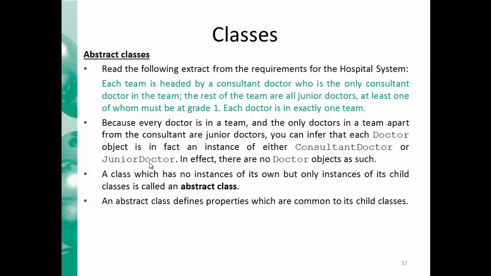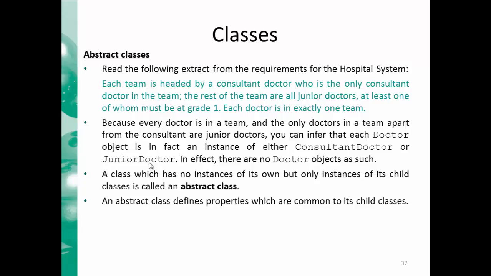So in the hospital system, any doctor in the hospital is either a junior doctor or a consultant doctor. So the superclass doctor has no objects or instances of its own. Any doctor can be either under the consultant doctor or the junior doctor class.